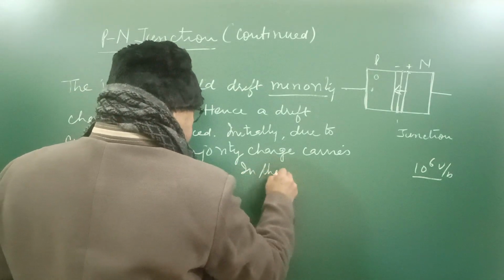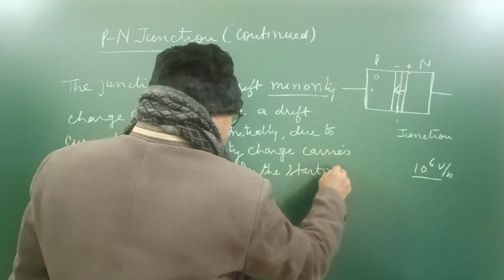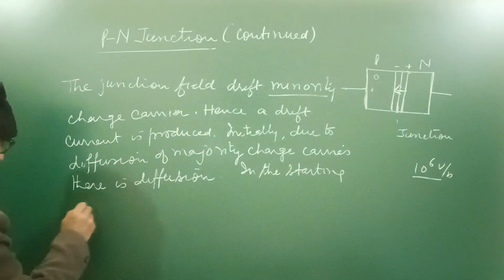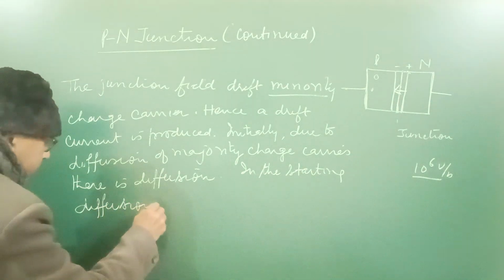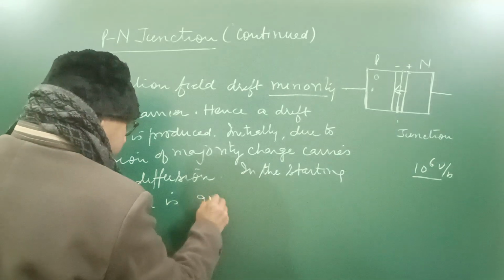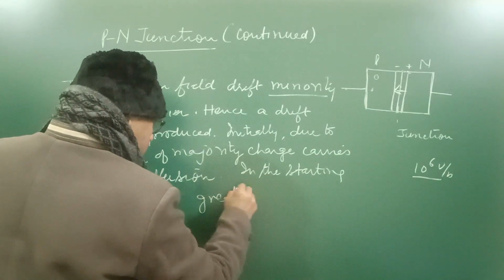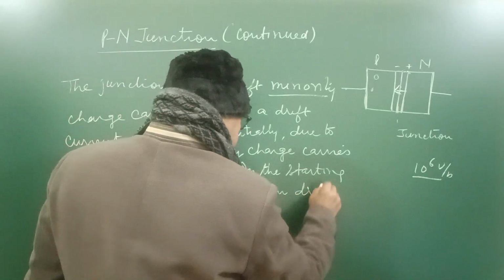In the starting, the diffusion current is greater than the drift current.